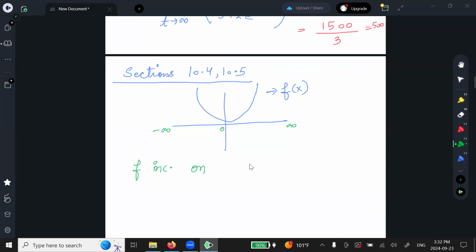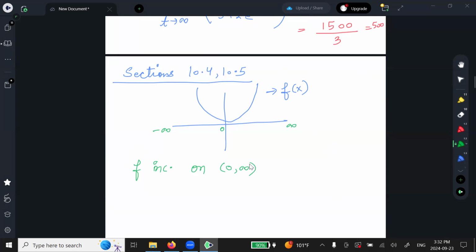Okay, who's going to tell me the interval? Raise hand, you should know this. Might be an MCQ. Which interval? Yeah. Good job. Right? F is increasing on this interval.